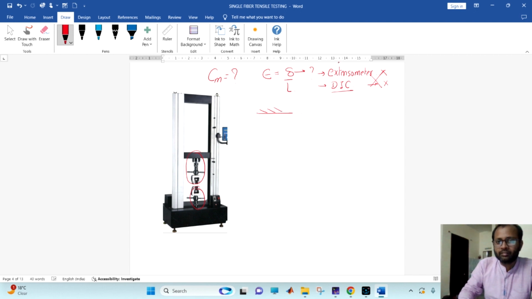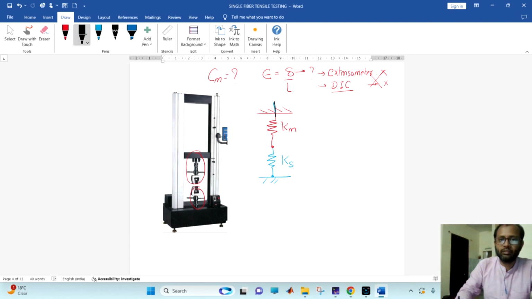We denote that stiffness with K, the stiffness of the machine. We also know we are keeping the sample between the two grips. So there is a stiffness of the specimen also, and we are going to load it.